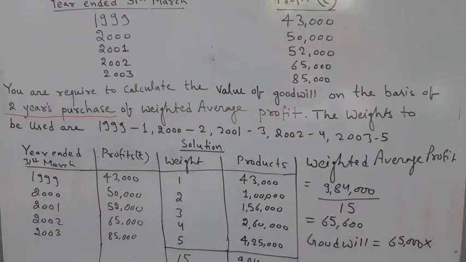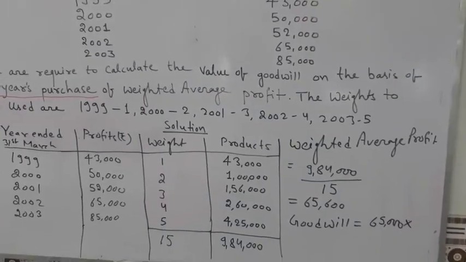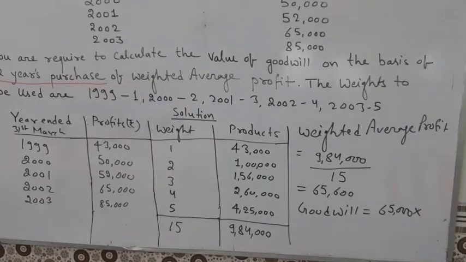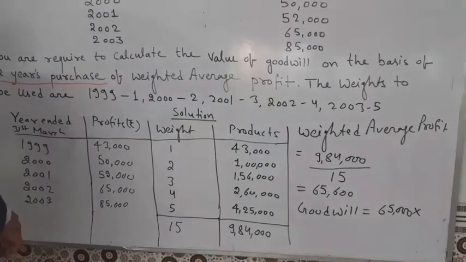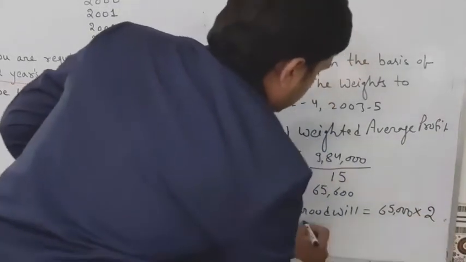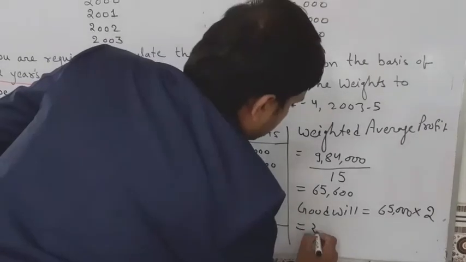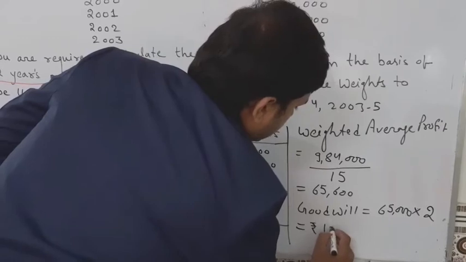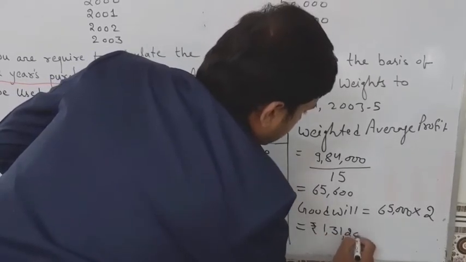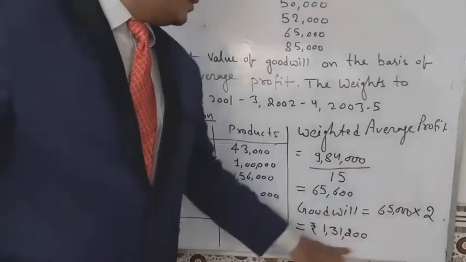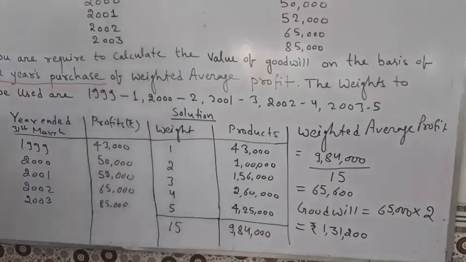Then we will multiply by 2. 65,600 into 2 is 1,31,200 rupees. Understand? Rupees 1,31,200.